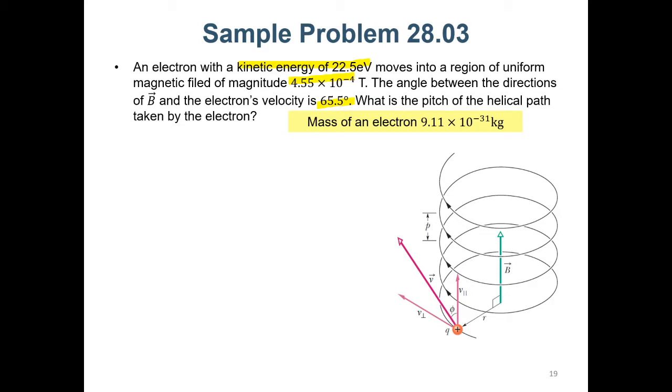I'm not drawing very well, but you should find the point. Maybe you can find here and then here, and their vertical separation, or if you can find here and here, then this is what we call the pitch.